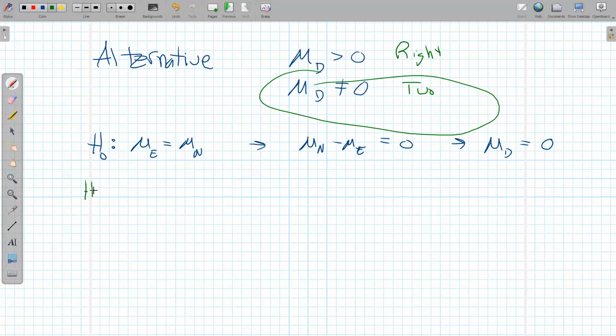So I'm going to say the alternative is that we don't know. We don't think it's going to be 0, which means it could be more, it could be less.